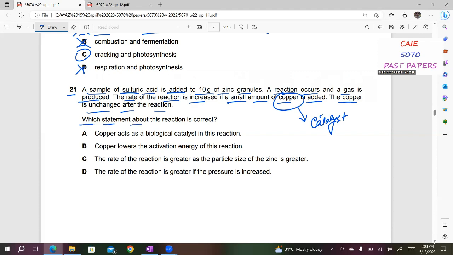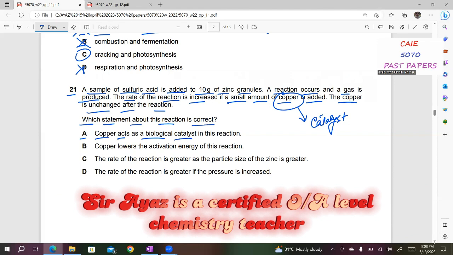Which statement about this reaction is correct? A, copper acts as a biological catalyst in this reaction. No, it's not a biological catalyst, it's acting as a catalyst only. A is wrong. B, copper lowers the activation energy of this reaction. Yes, this statement is correct.